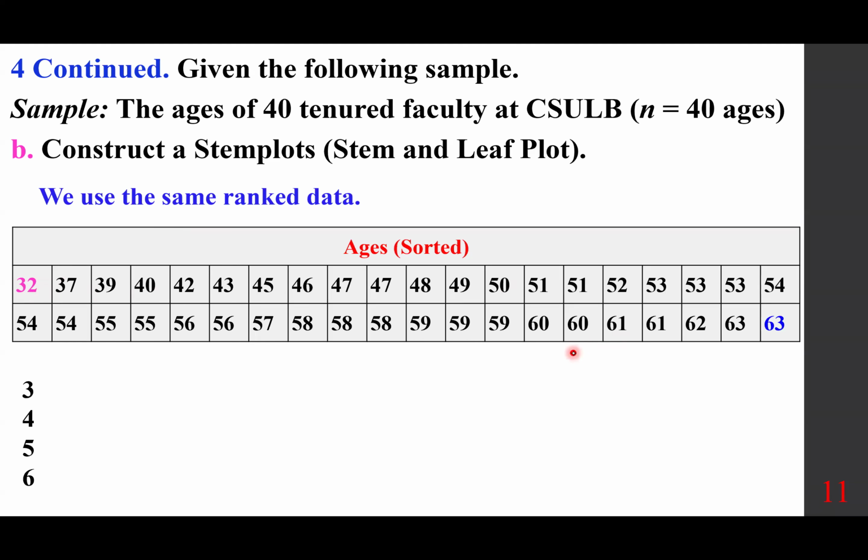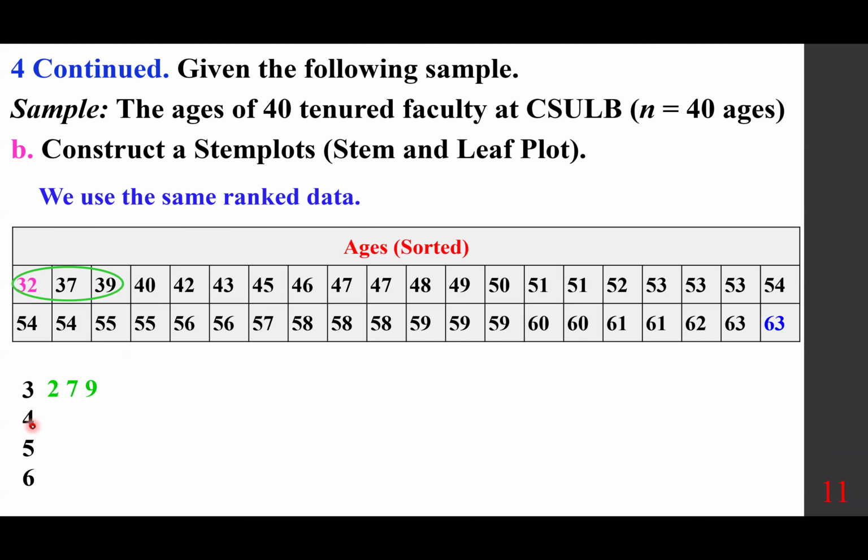So for 3, we have only those three numbers. So we are going to put now the ones digits: 2, 7, 9. If somebody was to read this, they would read 32, 37, 39.